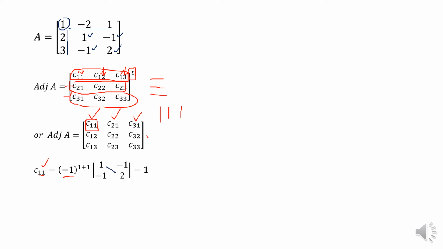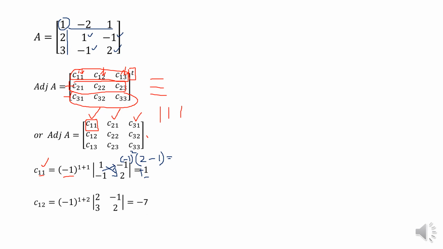We multiply 1 with 2 and minus 1 with minus 1, so 2 ones are 2. Then by definition of the determinant minus comes, and minus 1 multiplied by minus 1 is 1, so our answer is 1. And minus 1 power, if you write this in brackets, it comes minus 1 power 2, which means plus, so plus 1 is coming.